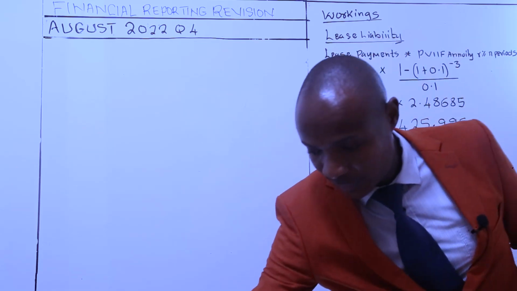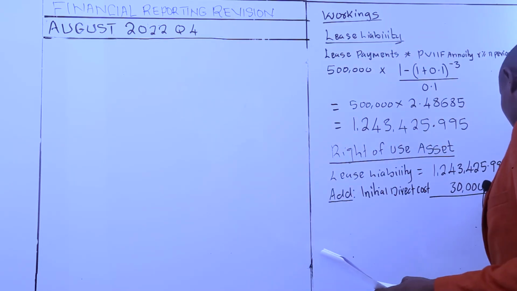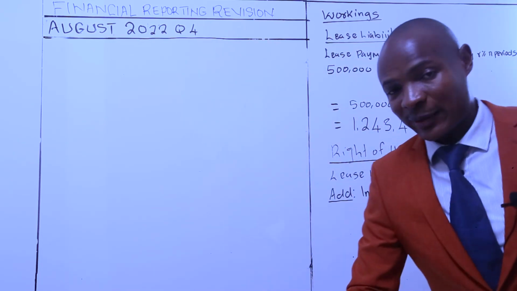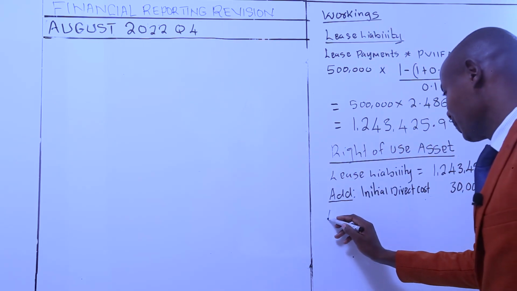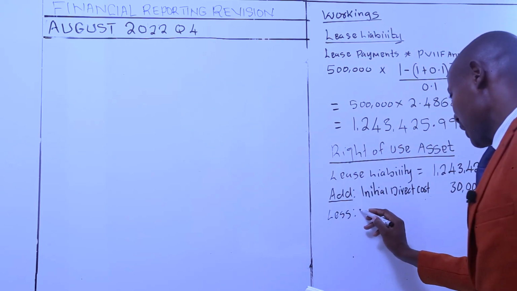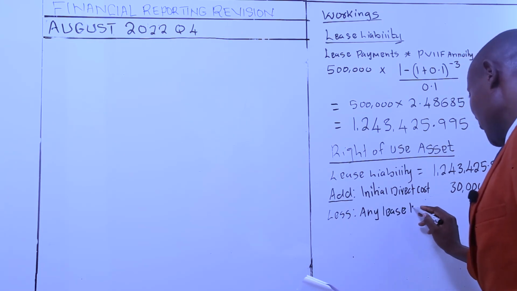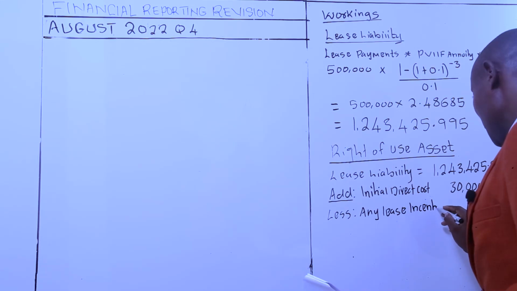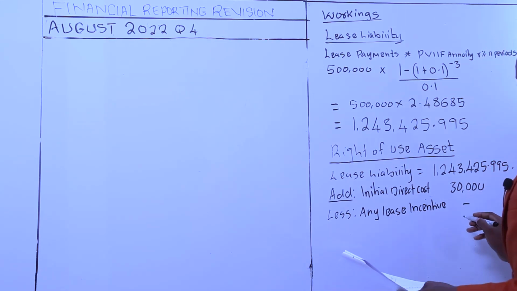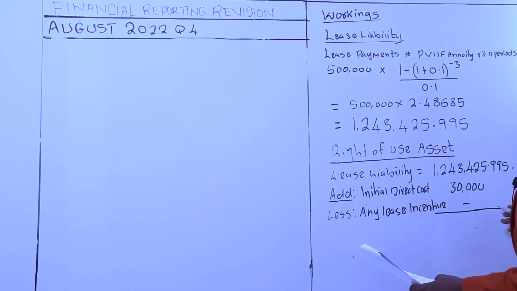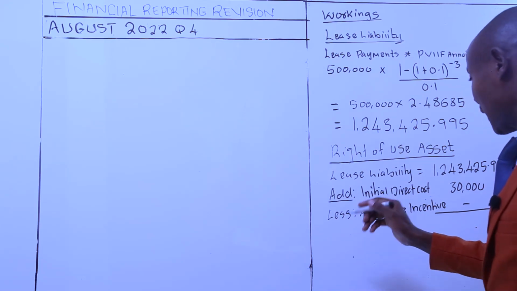Before we get the total, we are supposed to deduct any lease incentive, less any lease incentive if given. This one is nil, so we were not given any lease incentive. Then this will be the right of use asset.